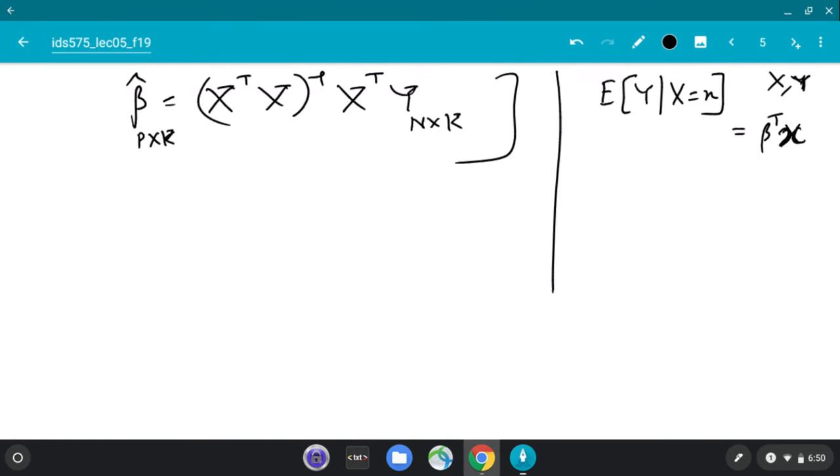Whereas for classification, the best classifier is actually the probability of g is equal to some class, let's say little k, given x is equal to little x, if we know the joint distribution between g and x. In fact, it's actually the argmax, we can take the max.